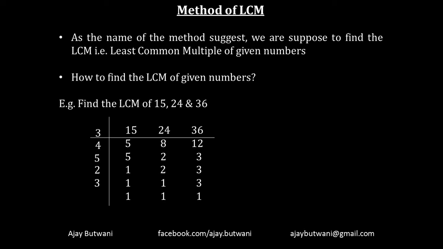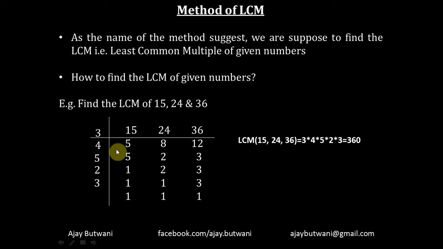Once we have got this 1, 1 and 1, we will multiply all the factors which we have got and we will get the LCM of 15, 24 and 36, which is 360.